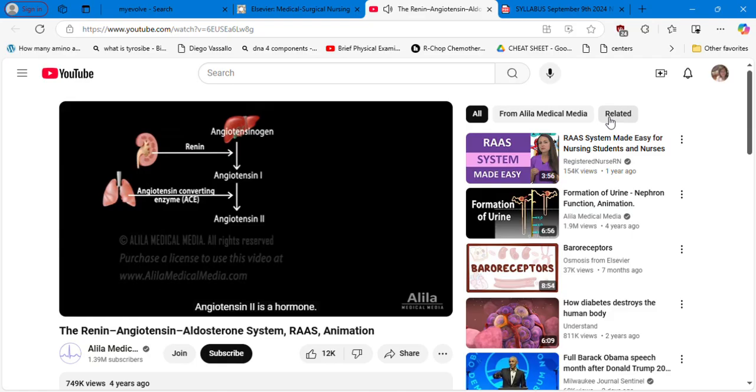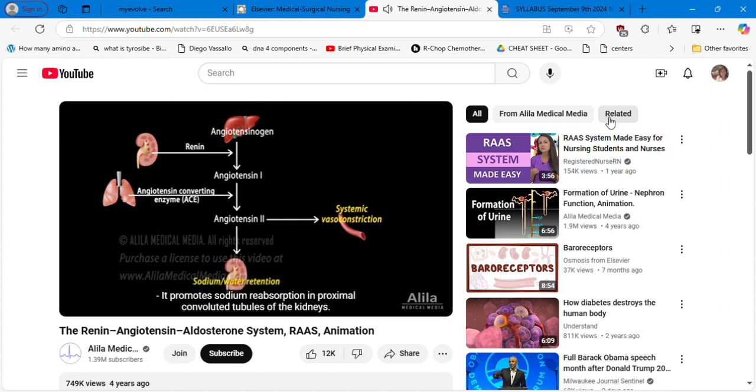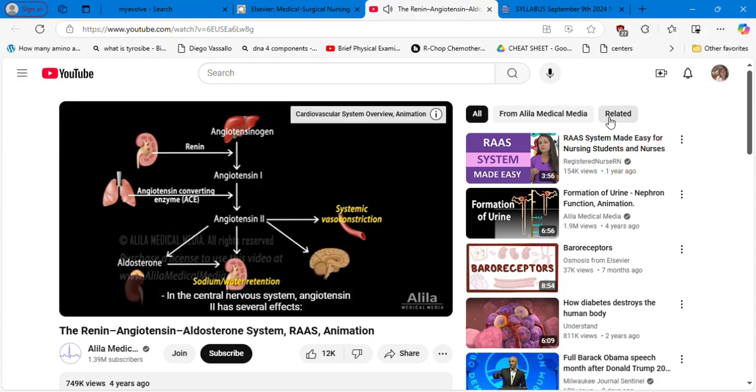Angiotensin 2 is a hormone. It binds to angiotensin 2 receptors in tissues to exert various effects. It stimulates vasoconstriction in systemic arterioles. It promotes sodium reabsorption in proximal convoluted tubules of the kidneys. It induces the release of aldosterone from the adrenal cortex. Aldosterone promotes sodium and water retention in the kidneys. In the central nervous system, angiotensin II has several effects.